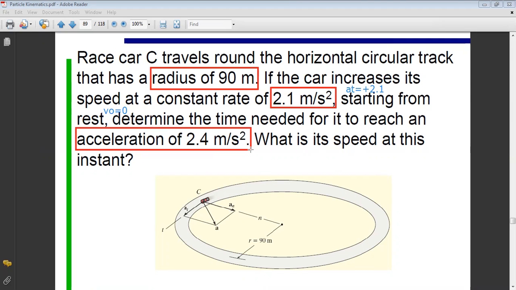So when they just talk about acceleration, this means it's the total acceleration of my particle. The total acceleration is given 2.4 and at is given also. So what we want to find is the speed when we reach this acceleration. We will continue this together in the session I will open now. So I will close this one and open a new session.